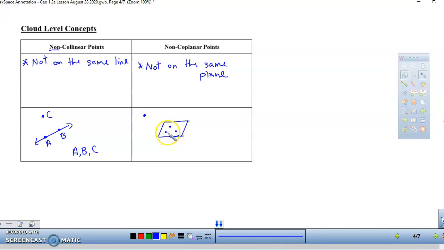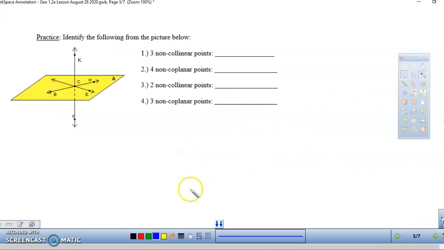So if you labeled these, so let's say that's D, E, F, and G, those would be non-collinear, or sorry, non-coplanar points. Okay, so this part here would be part of your practice on your assignment. So these 4.